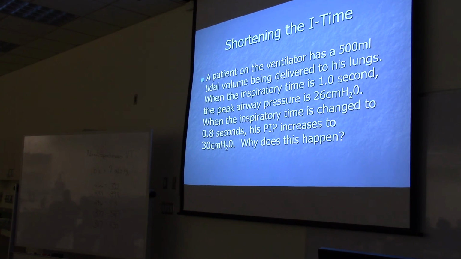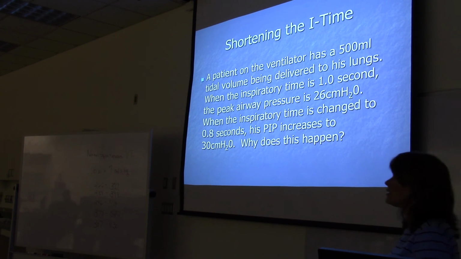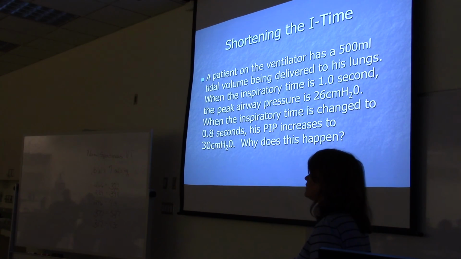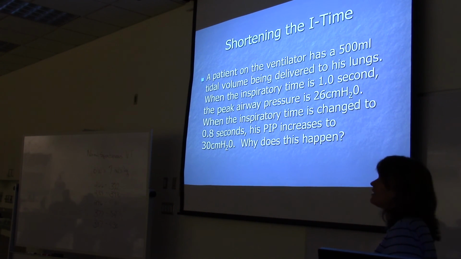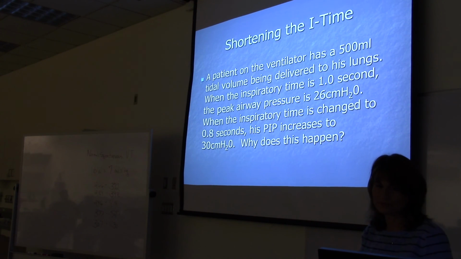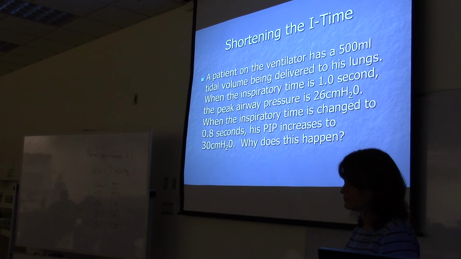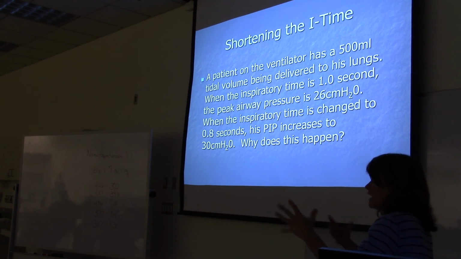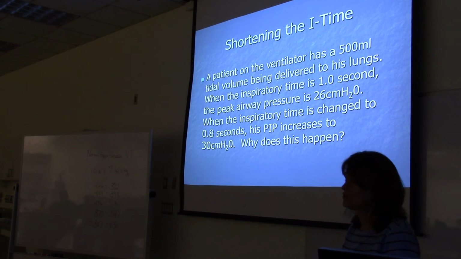Why does this happen? Yes. You need more pressure to push the air in faster. Or should we say more pressure builds up when you push the air in faster?